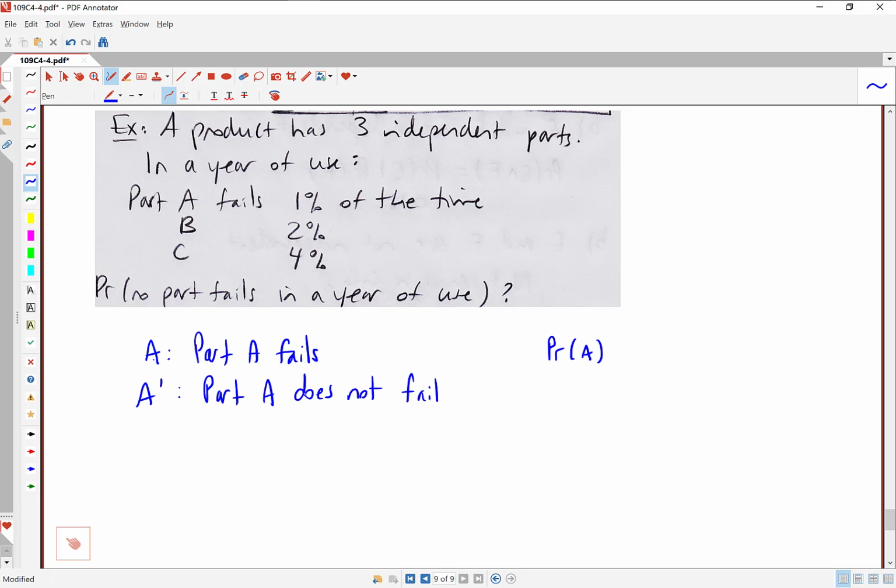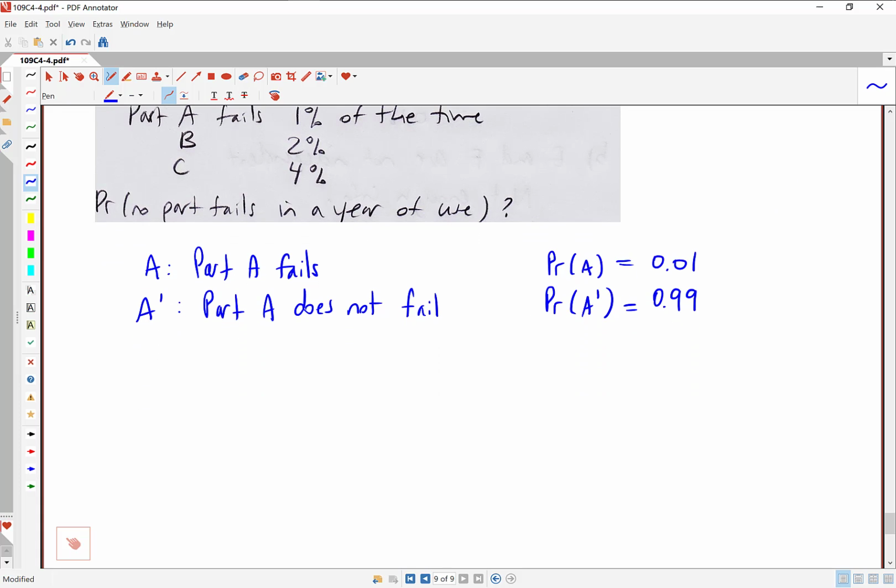So if A is the event where part A fails, we're told the probability of that happening is 1%. Therefore, the probability of A complement, we're just going to go 1 minus that probability. It would be 99%. So 1% probability that part A fails after a year, 99% probability that part A does not fail after that 1 year.